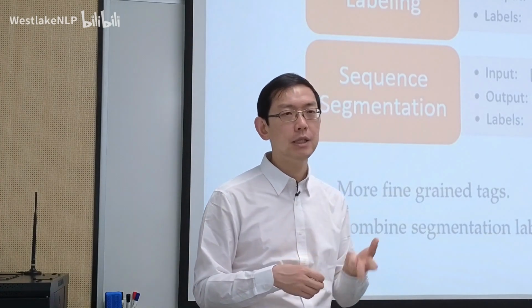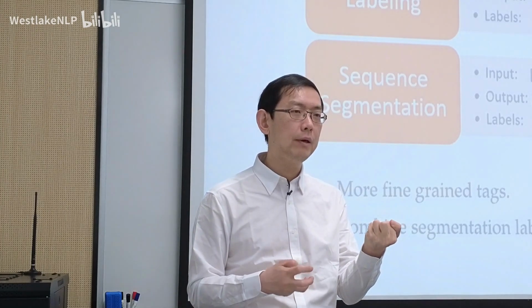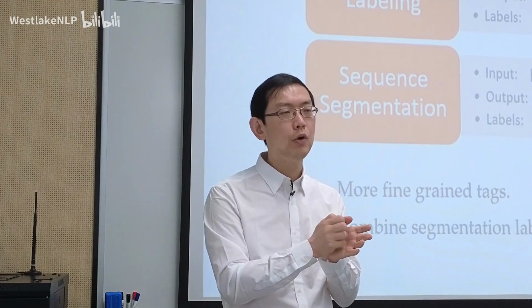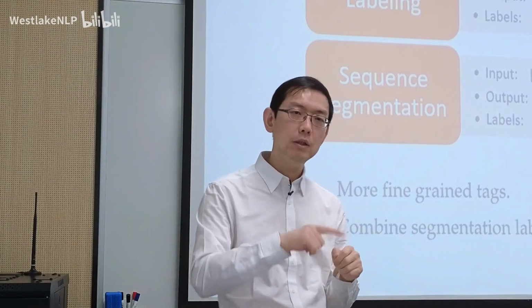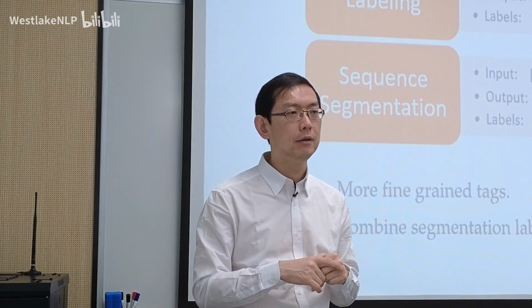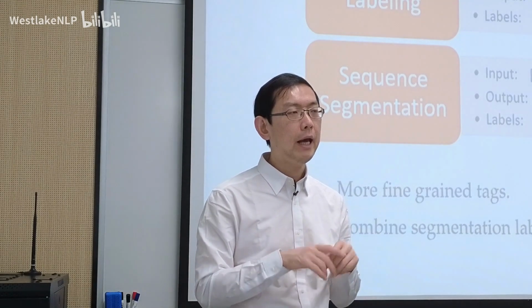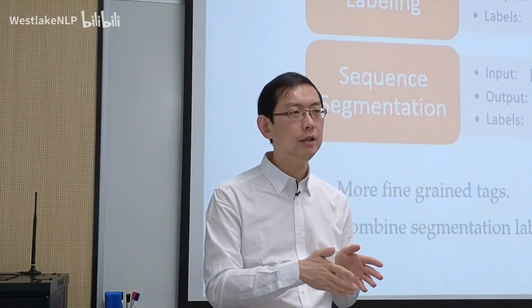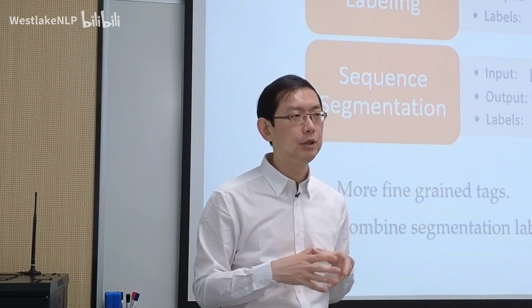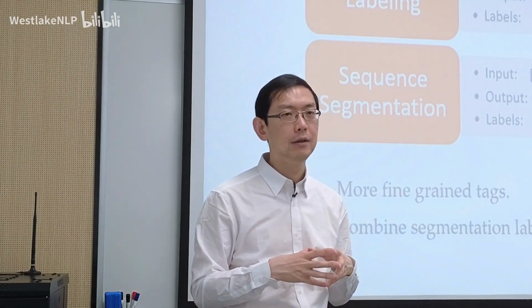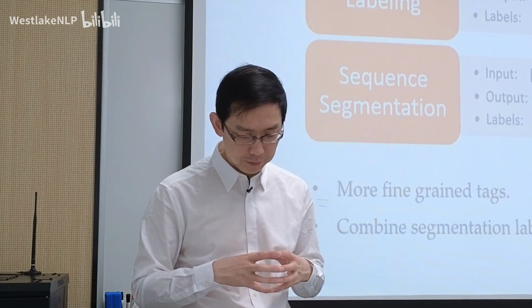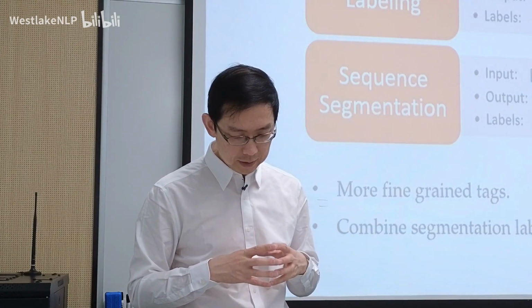You attach the segmentation label with the syntactic category label to denote which chunk it belongs to and what's the category of the chunk, okay? By having these 2 sorts of labels, you're doing chunking and chunk labeling simultaneously. All right. So this is a second example, a more complex example. All right.